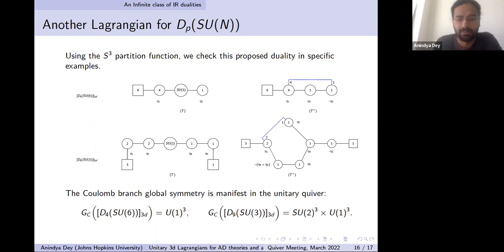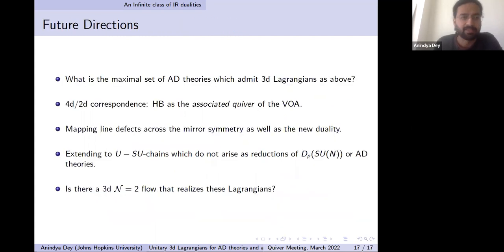All right. So that's pretty much what I had to say, in terms of content. But let me just quickly close by saying a few directions that I think will be significant for this. So firstly, one needs to say what is the maximal set of Argyres-Douglas theories which admit 3D Lagrangians of this form, which means they're only built out of these unitary gauge groups and this extra matter.